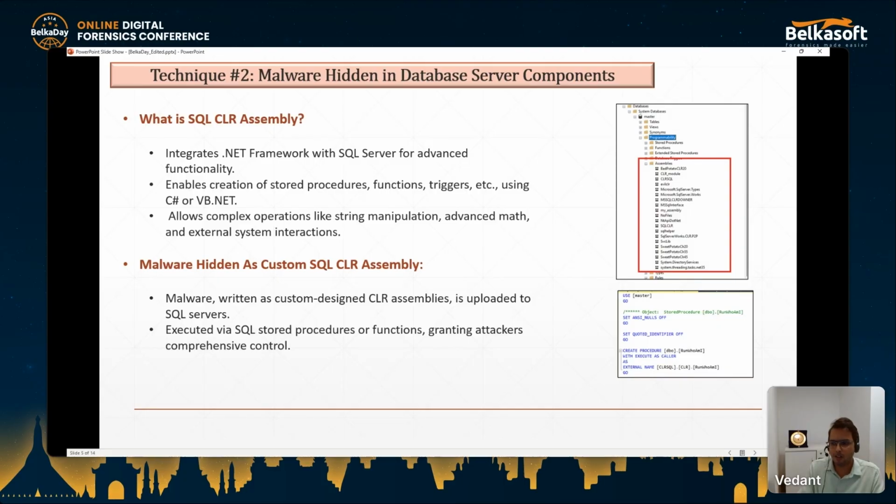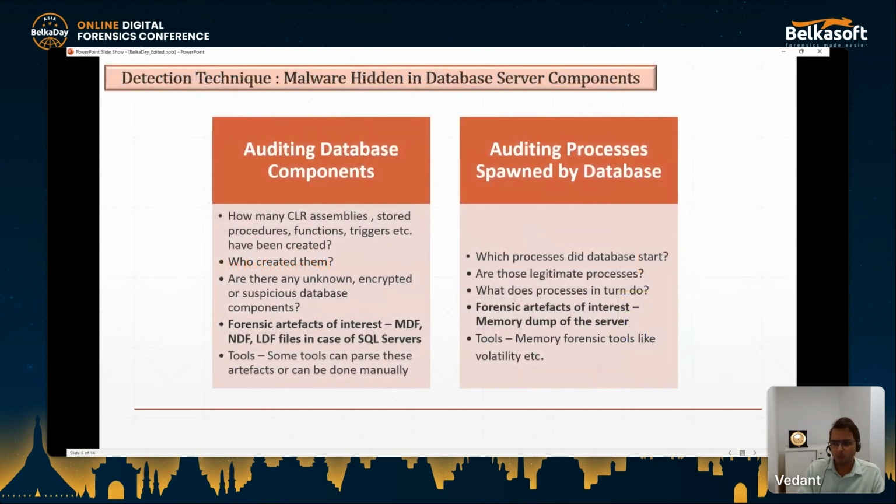So we have to employ custom detection tools. The first thing is, if I have access to SQL Server, I have to see how many CLR assemblies, stored procedures, functions or triggers have been created recently. Who created them? Are there any unknown, encrypted or suspicious database components?